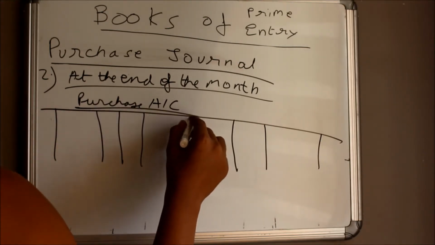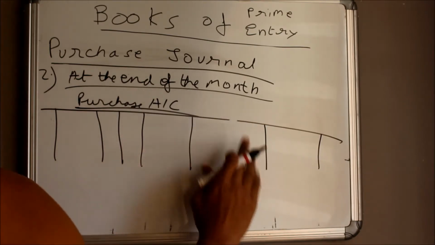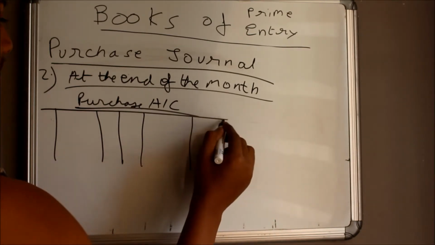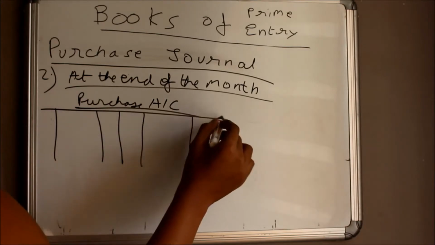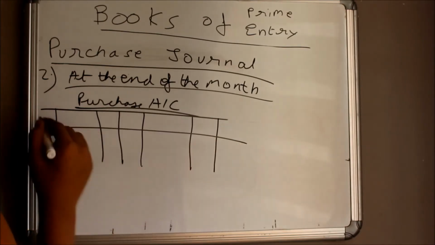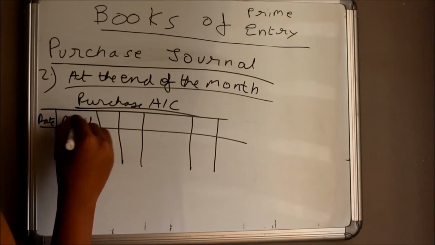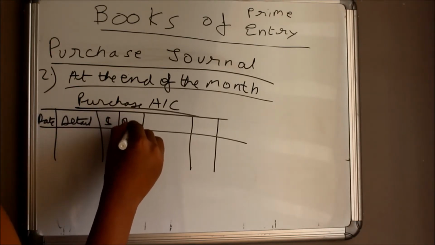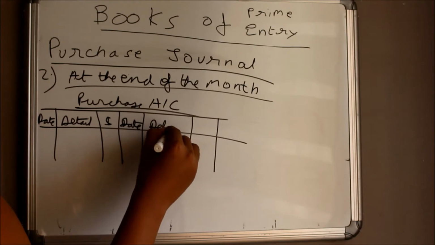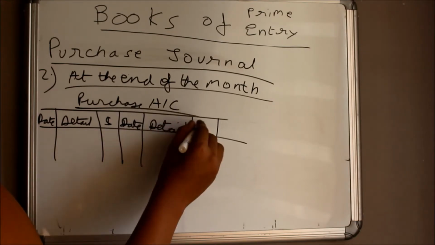You don't need this much. So this is the format: there's date, detail, and amount, and date, detail, and amount.